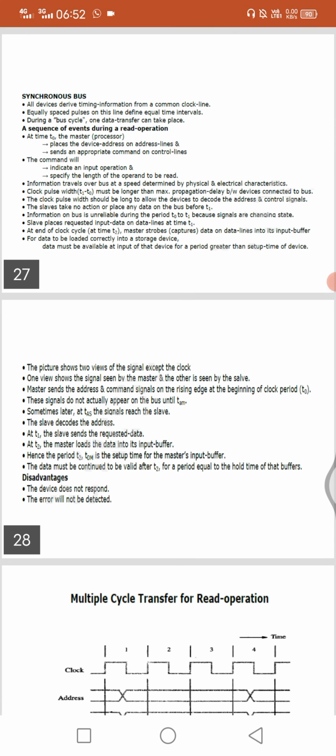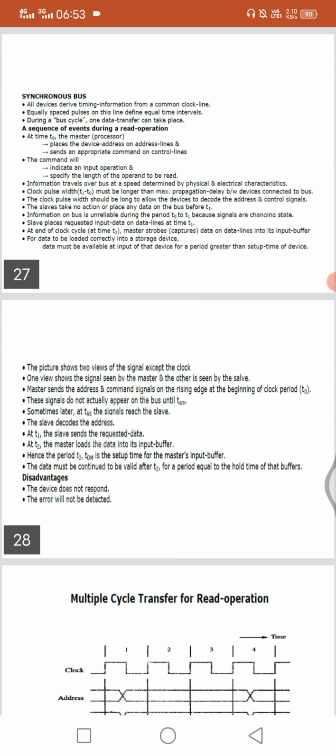Next, the slave places the requested input data on the data lines at time t1. At the end of the clock cycle, time t2, the master strobes, that means the master captures the data on the data line into its input buffer.